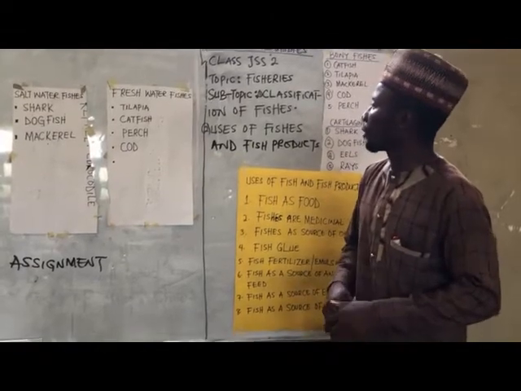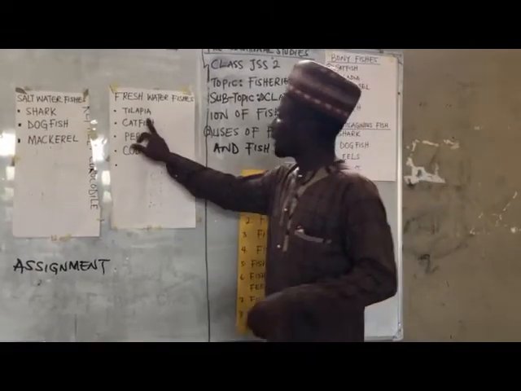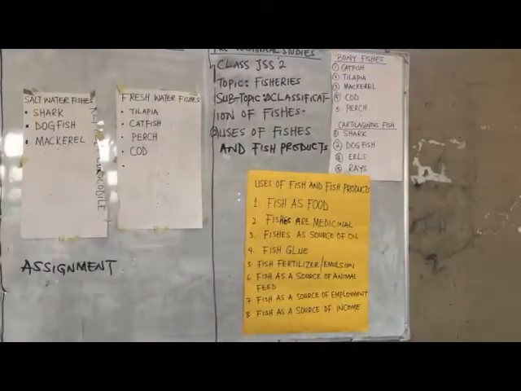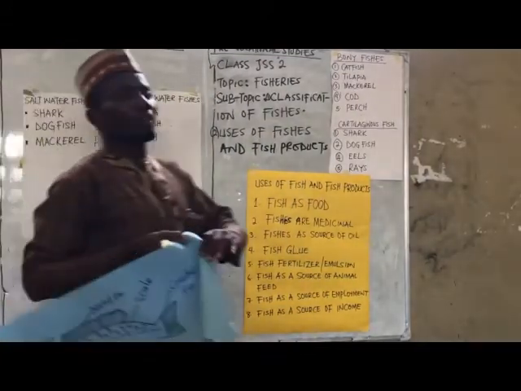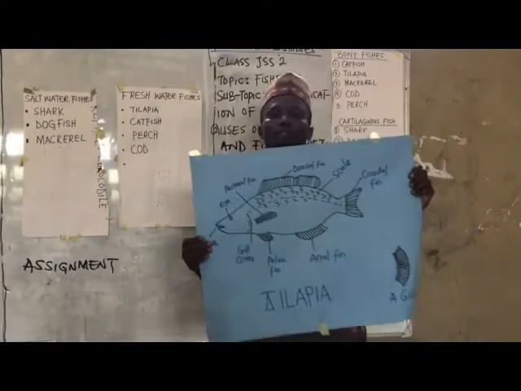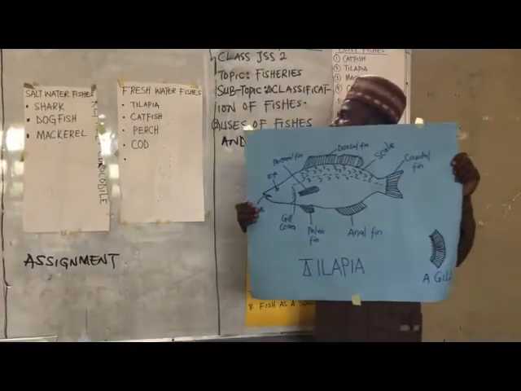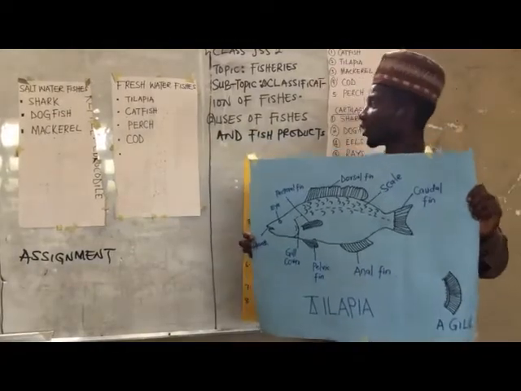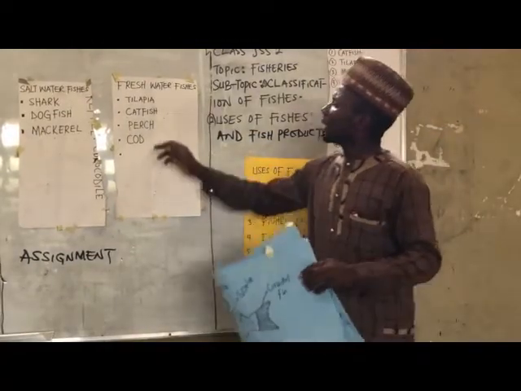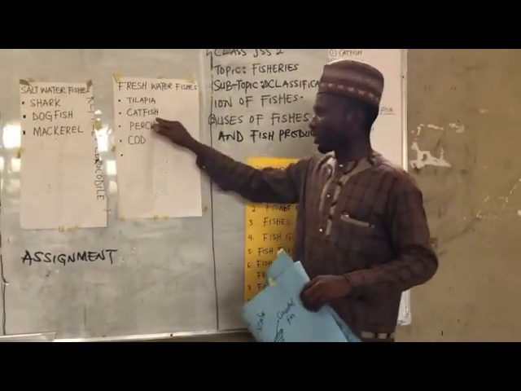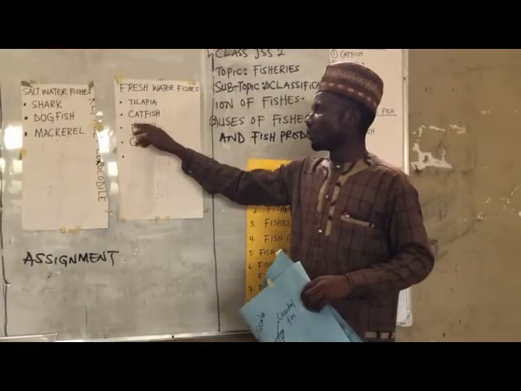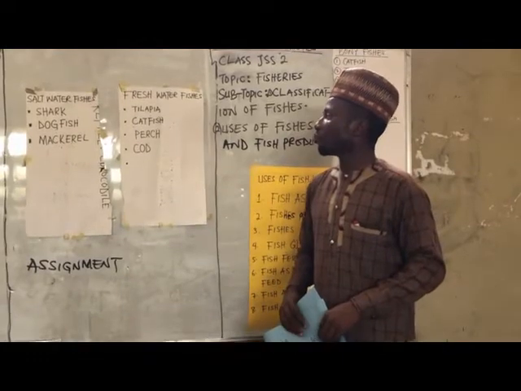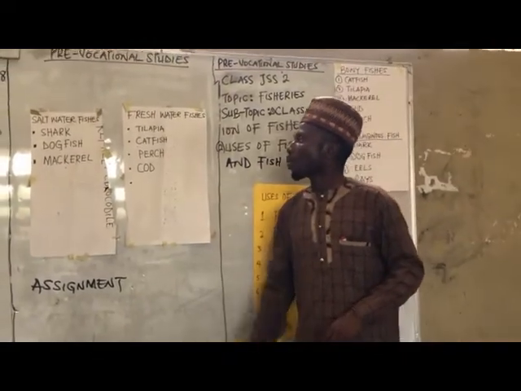So today we would like to see examples of freshwater fishes. Tilapia is one of the examples of freshwater fishes. You have seen the drawing in our first lesson. Then we have catfish, another example of fresh water fish.